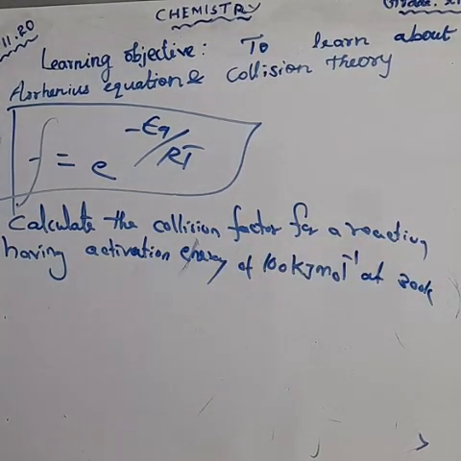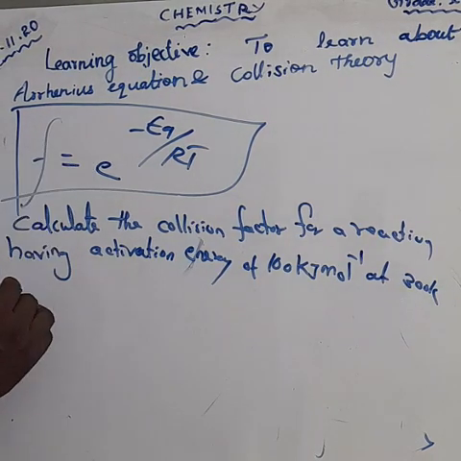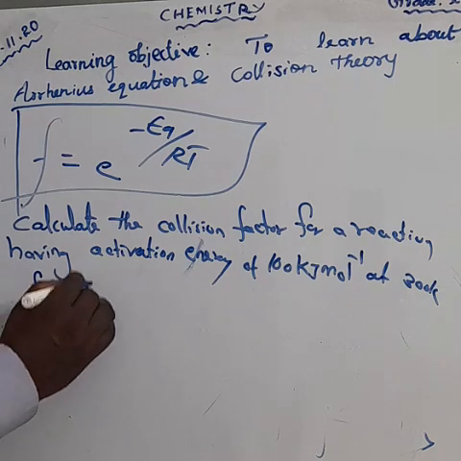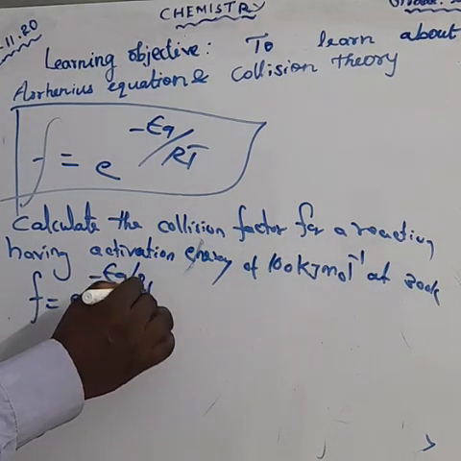What is the formula? F is equal to e to the power minus Ea by RT.